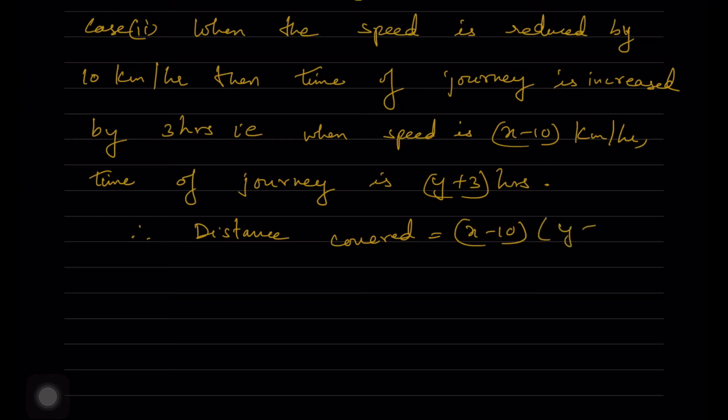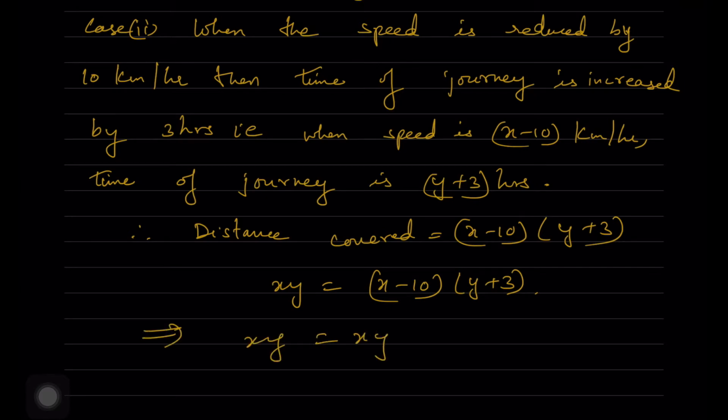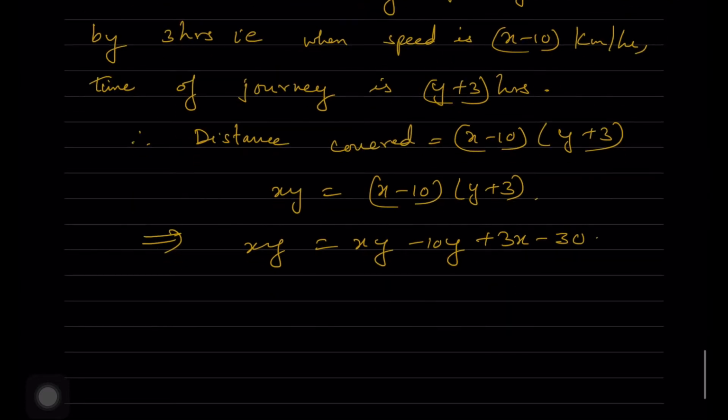Now solving this also we get two equations. We are getting here minus 3x plus 10y is equal to minus 30. So this is our second equation.